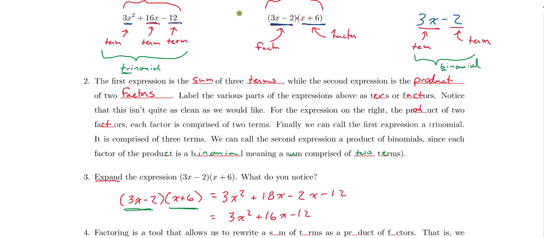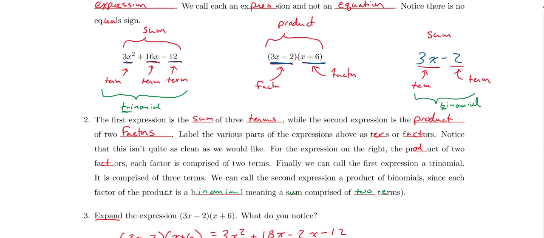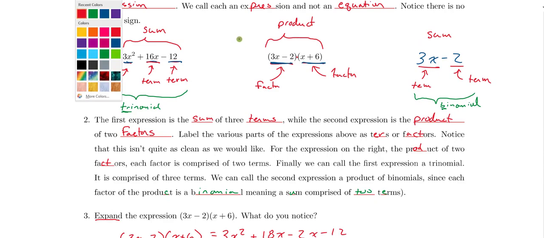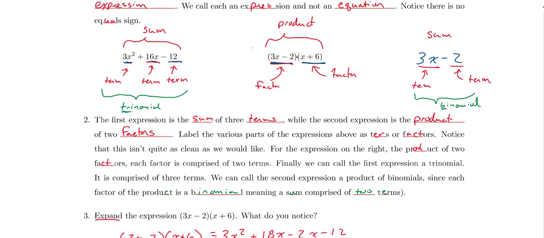Going from a product to a sum, we're going to call that expanding. And it's just using your distributive property.